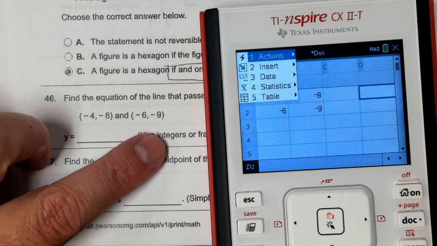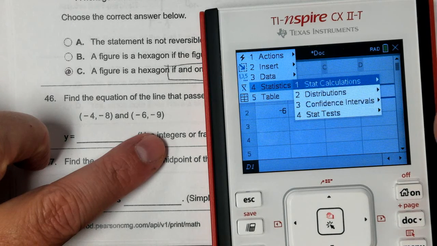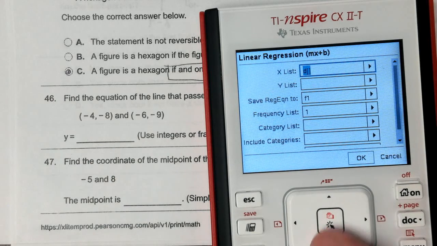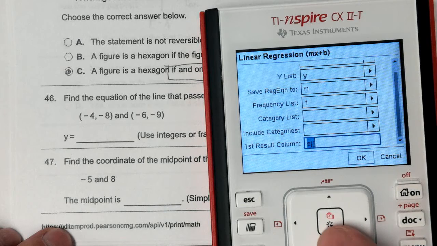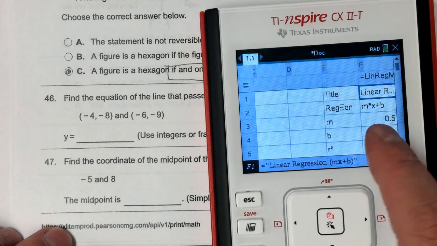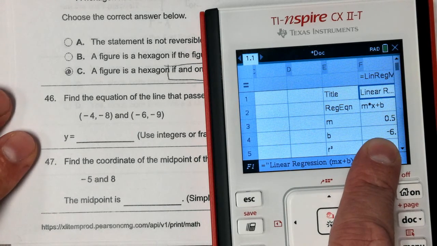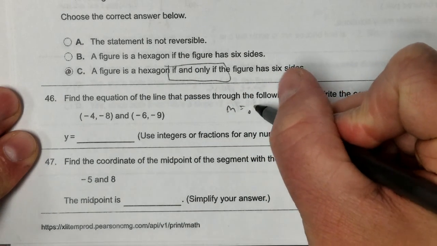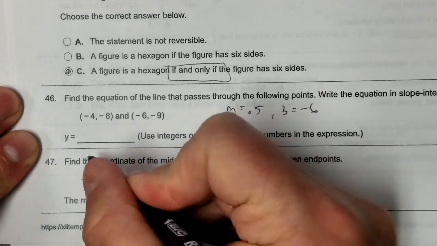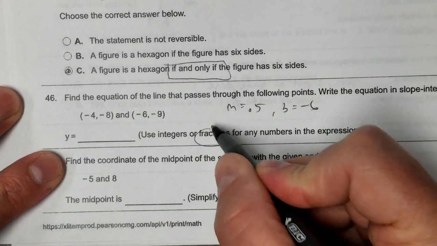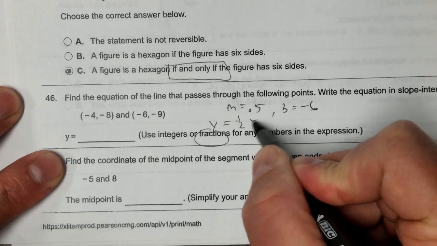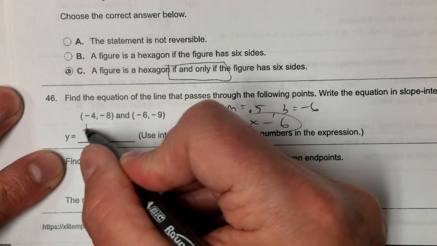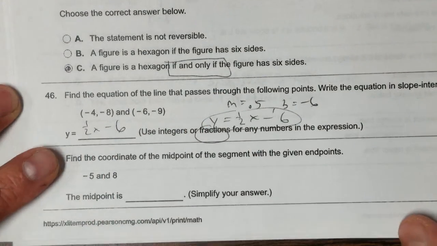Then you go to statistics, stat calculations, linear and mx plus b, do your x and y, 0.5 and -6. It does want a fraction, so we say 1/2 x, and then we put -6. So 1/2 x minus 6.